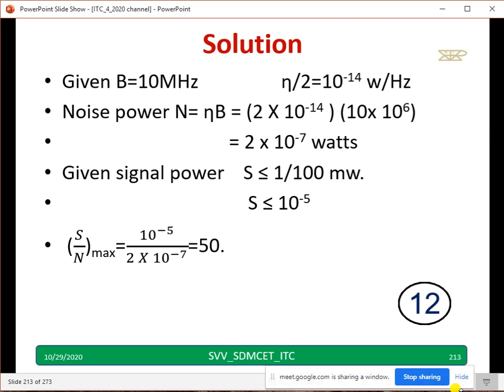Amrita Nivedita also got 50. I'll wait for another 10 seconds, then we'll go to the next slide. Amrita Malagi got 50. Hope most of you have completed. Let me go to the next slide.